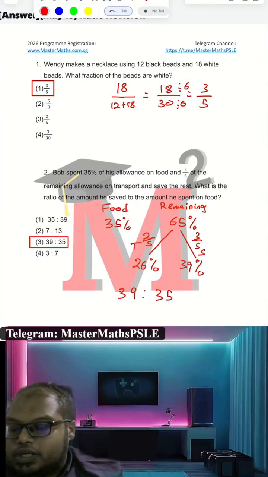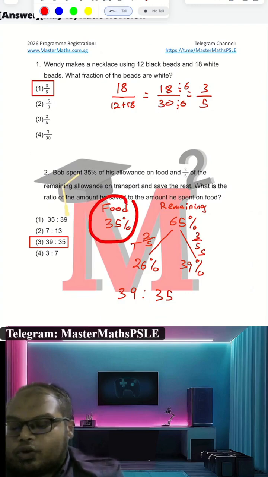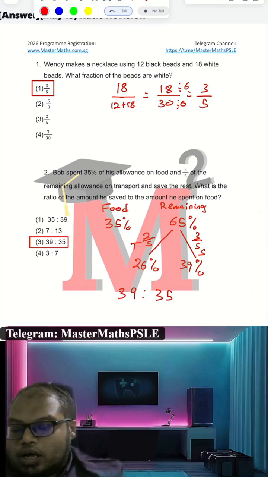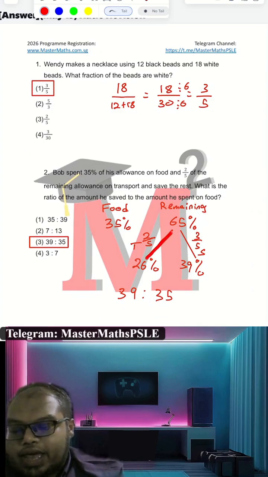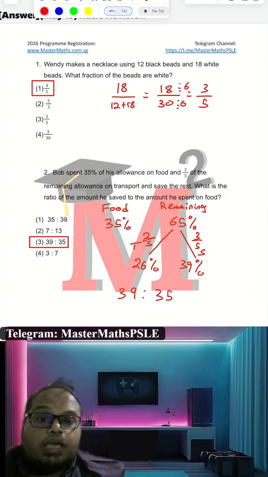Okay, so here Bob spent 35% on food and 2/5 of the remaining allowance on transport. So if he spent 35% on food, the remaining percentage is 65%. So I split it up to 26 and 39. 2 out of 5 of 65 is 26. 3 out of 5 of it is 39.